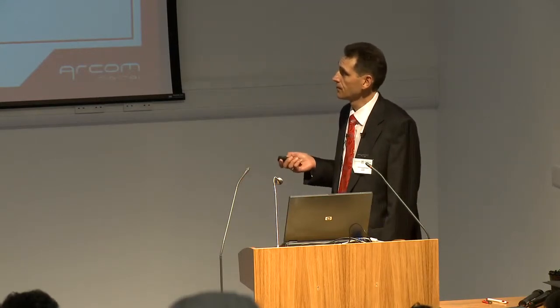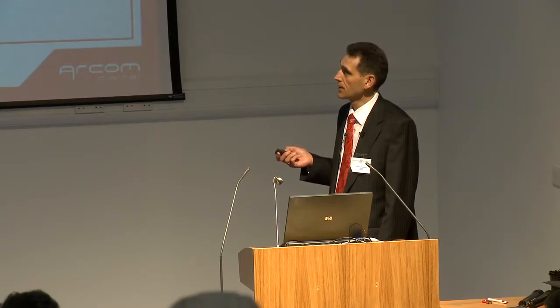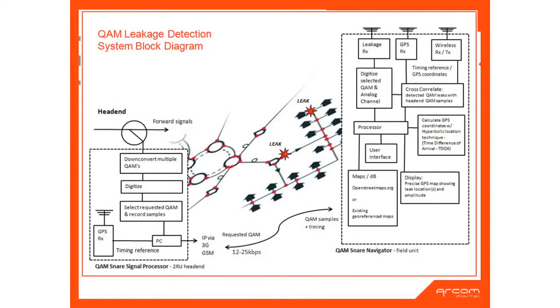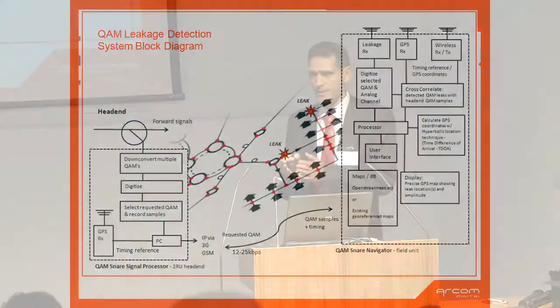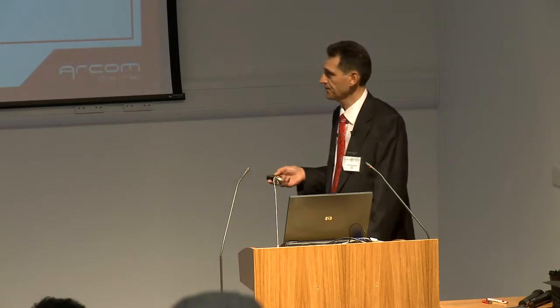At the head end, we take the QAM channel, we down-convert it, digitize it, and take samples according to GPS timing reference. So we know which portion of the signal happens in which time slot.